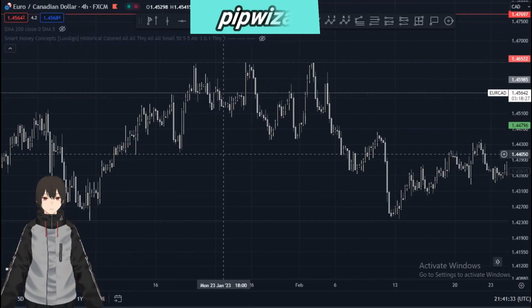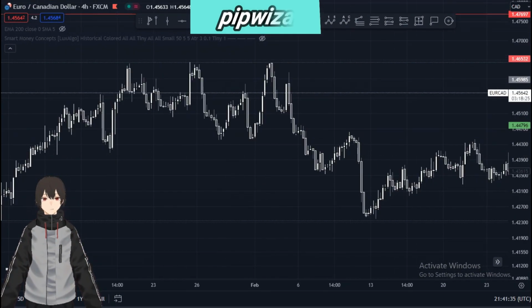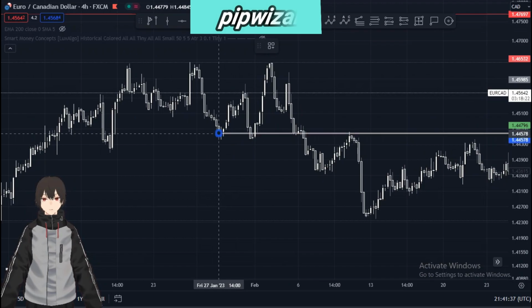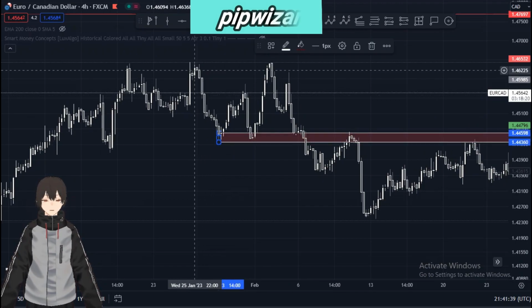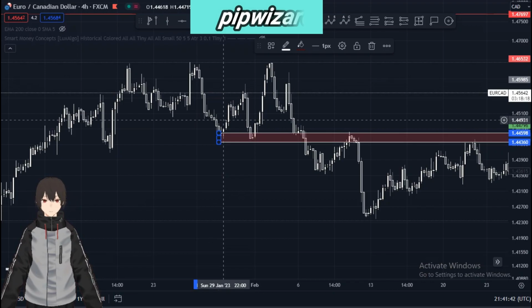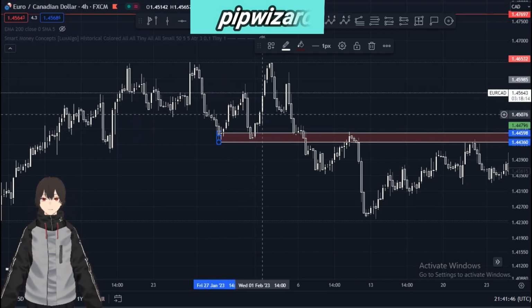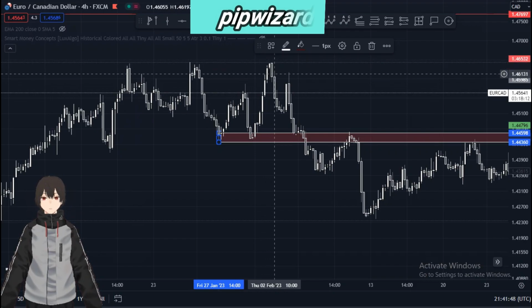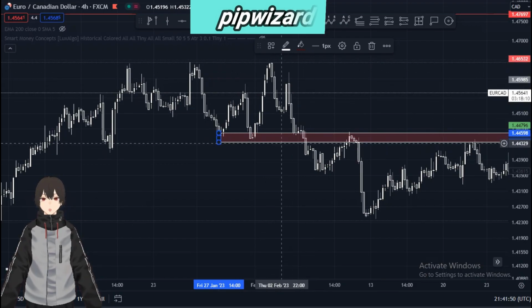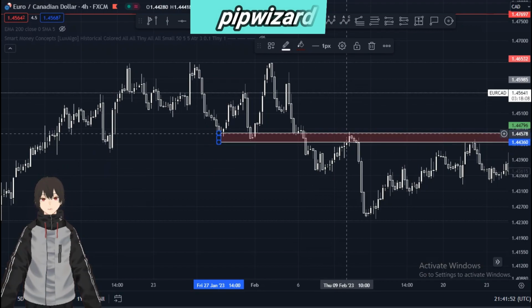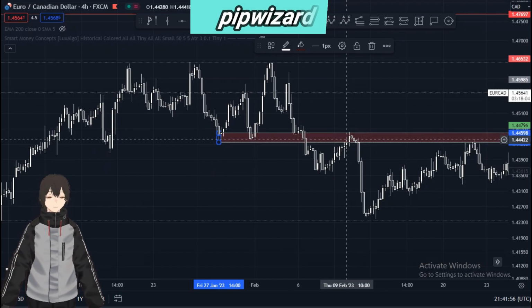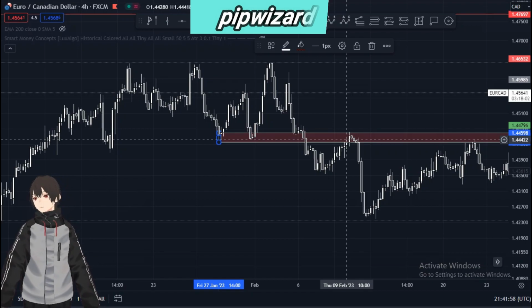We will learn about support and resistance. Somewhere in the chart, when the market touches that place, we can see the action at that place. This is a resistance zone. The market came here, touched the resistance zone, then came back down.